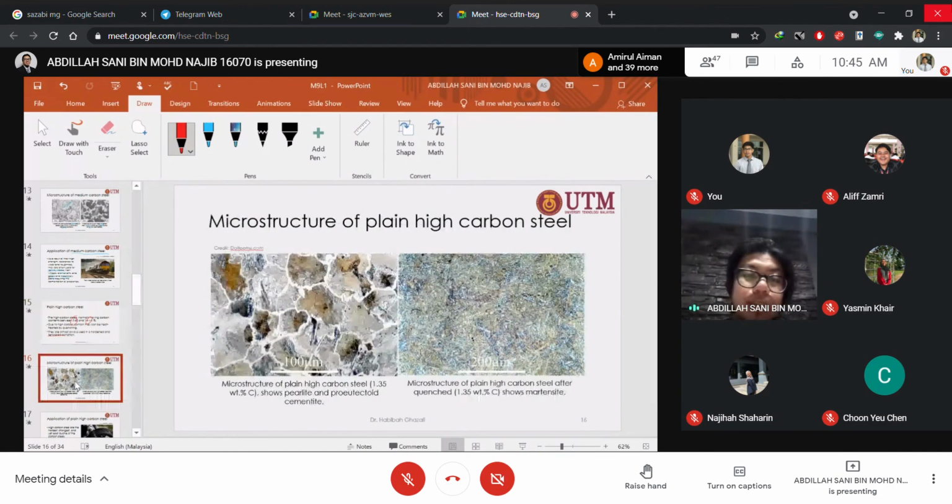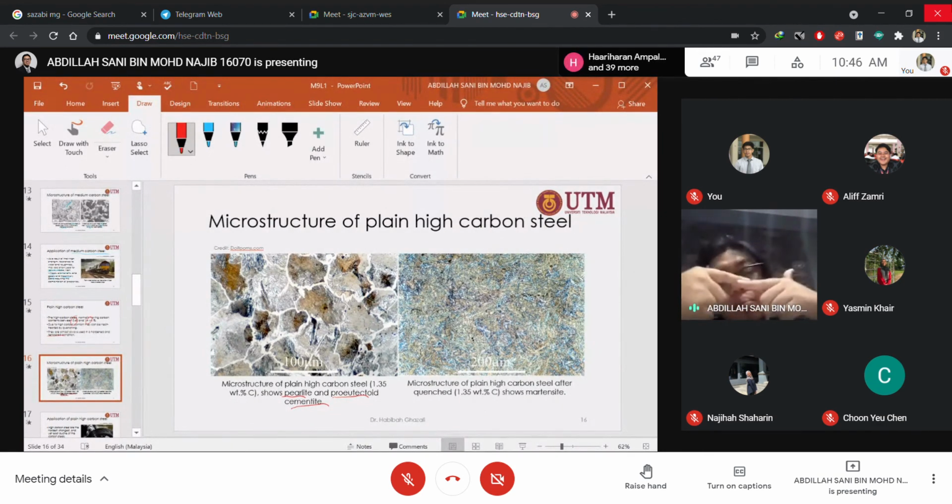This is how it looks like. We have pearlite and pro-eutectoid cementite. Pearlite, I think you guys are already familiar with this term, the alternating lamellar structure of ferrite and cementite.